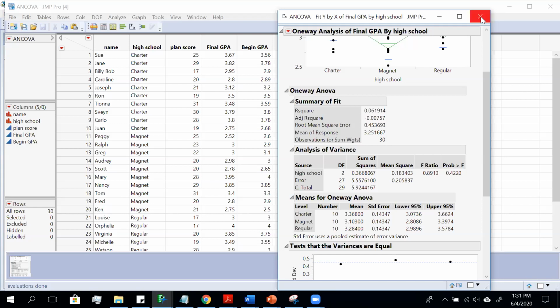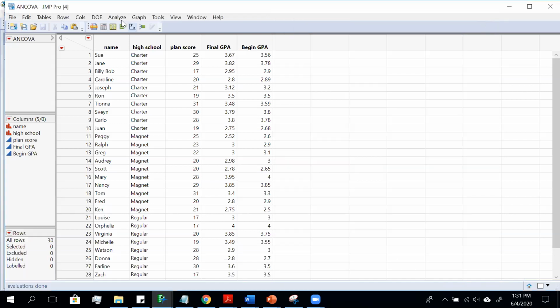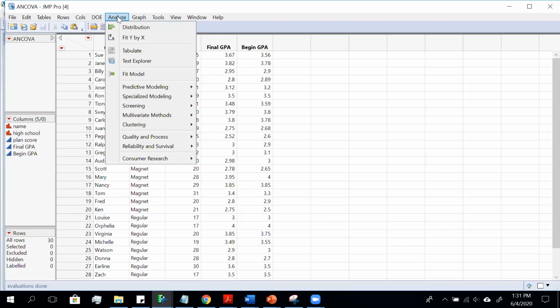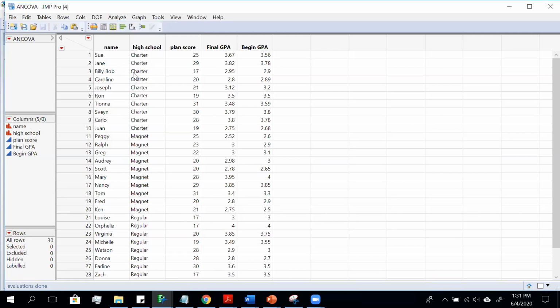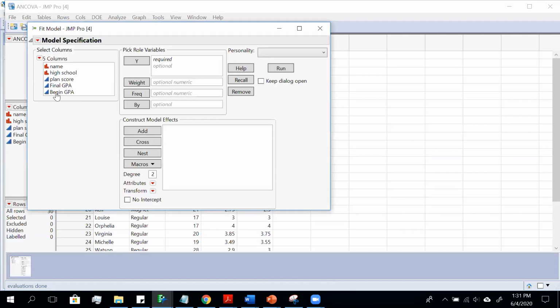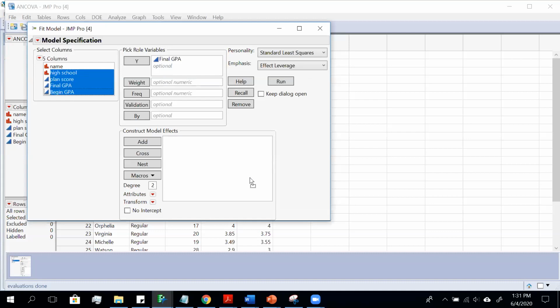So let me do a fancy ANCOVA. I am going to test for the homogeneity of regression slopes, the interaction. I'm going to put my final GPA here, and my high school, and my beginning GPA as the covariate, and also how these interact.